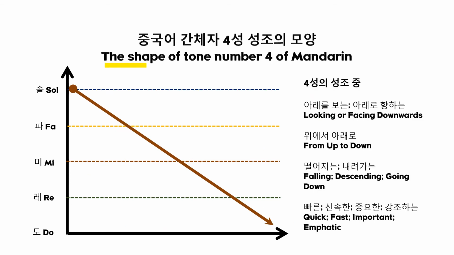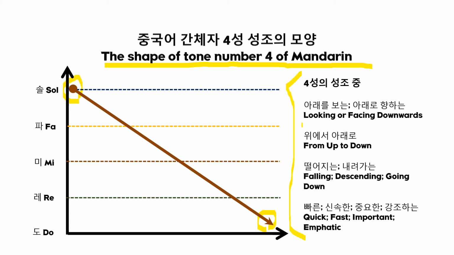From the shape of tone number 4 of Mandarin, we can derive four major key concepts. Tone number 4 starts from here and ends here, just like this.